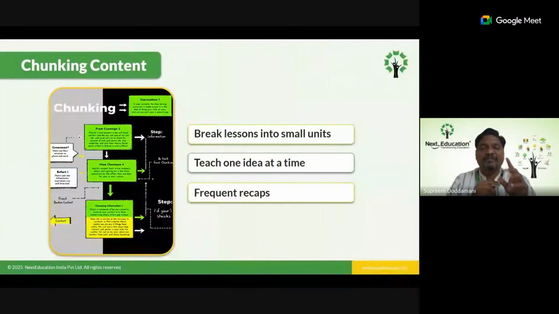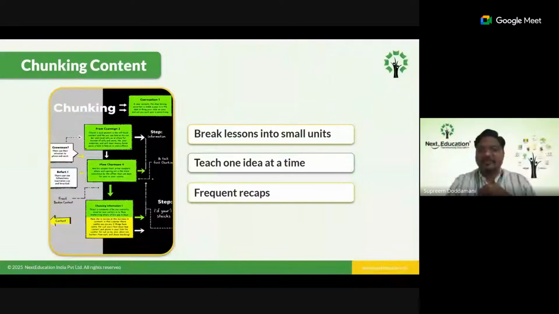If you don't do that, sometimes even we being teachers will jump into a different concept, and we will end up clubbing all the concepts, and there is no proper explanation. So teachers, kindly break the lessons into small units and always teach one idea at a time.